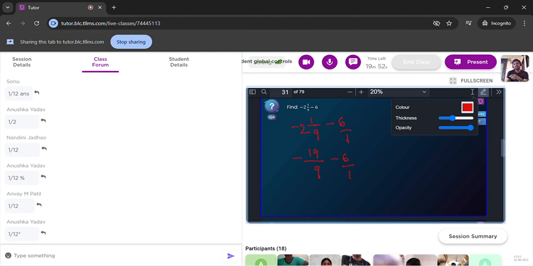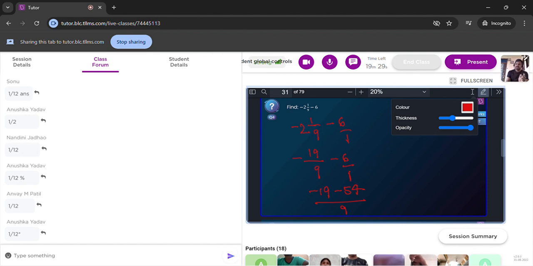And this one is 6 divided by 1. Now we have to multiply this 19 and 1. Then we will get minus 19. In the similar way, we have to multiply this 9 and 6. So here we will get 54. And now in this way, we have to multiply this 9 and 1. Then you will get 9. Okay.